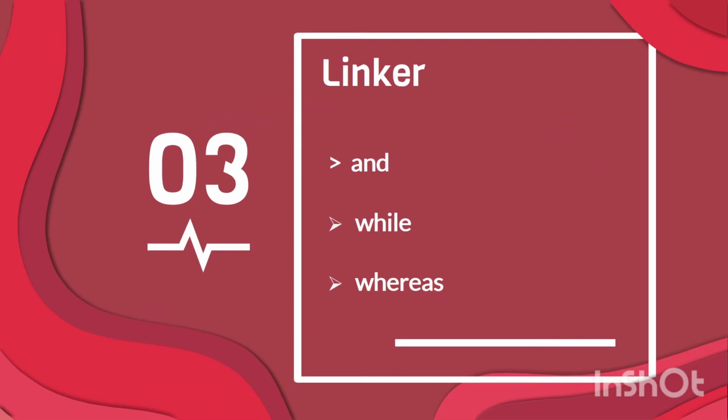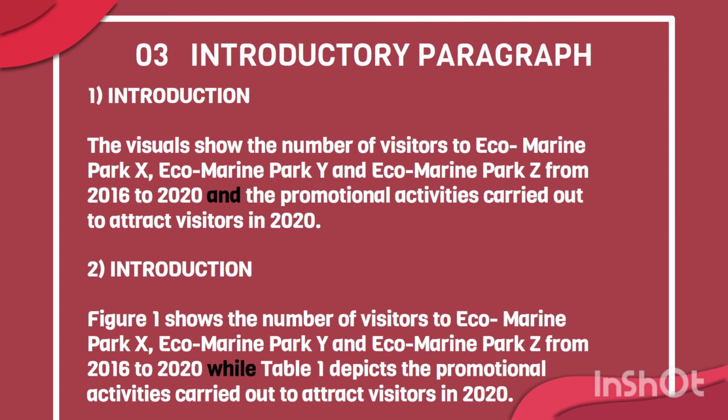Next, the linker. When you want to join the information or the visuals from figure 1 and table 1, you need to use a linker to construct a complete sentence. Okay, you may use and, while, whereas. Next, example number 2.